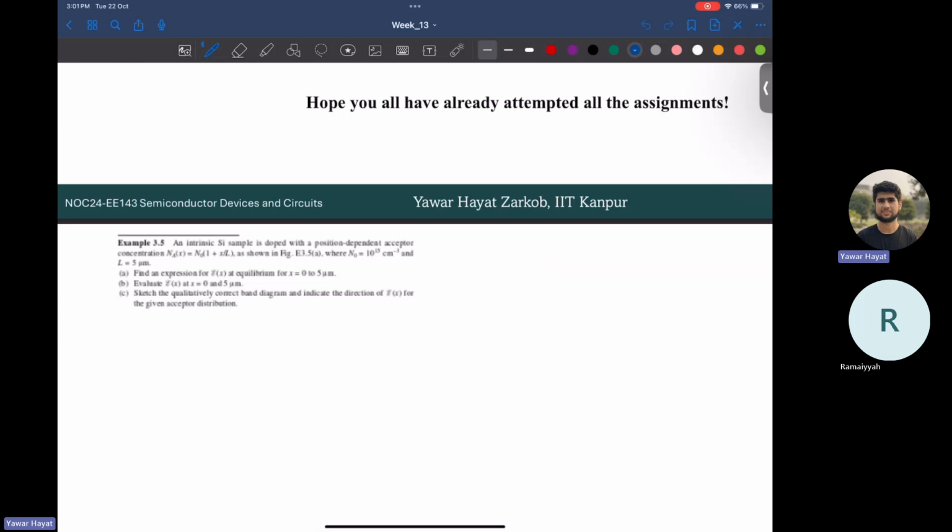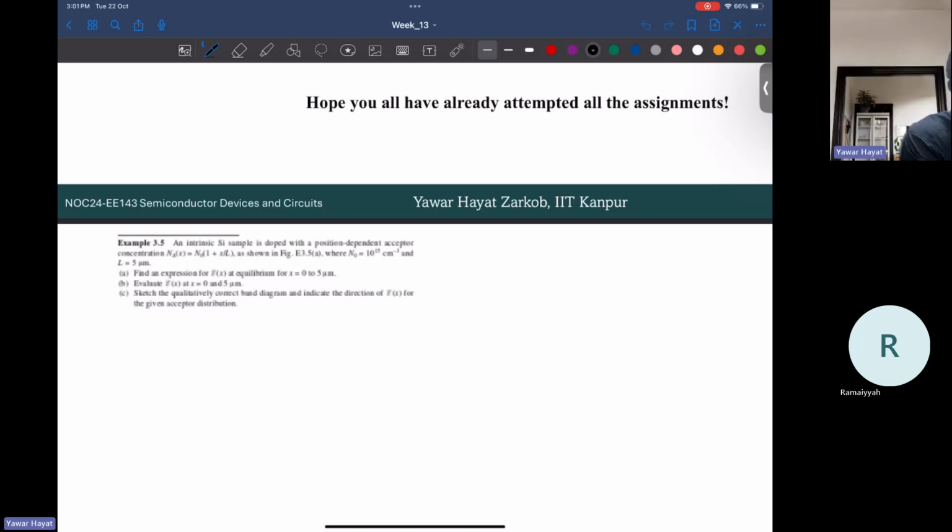An intrinsic silicon sample is doped with a position-dependent acceptor concentration, N_A of x, where N_A of x is N0 times (1 plus x by L). Wait, I'll draw this figure. So this is your figure, right? I'm trying to plot your N_A of x with respect to x.